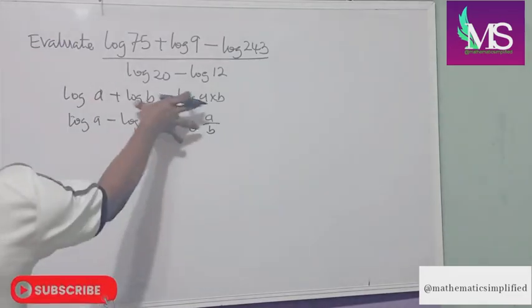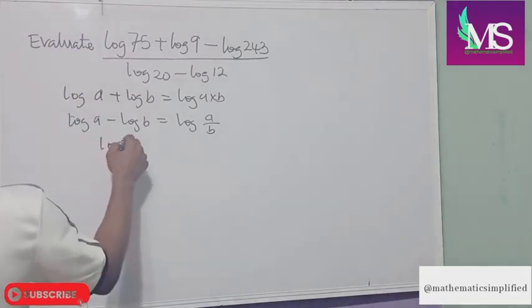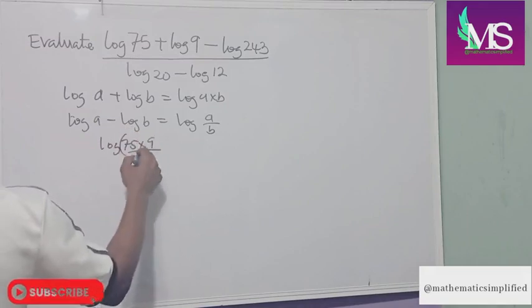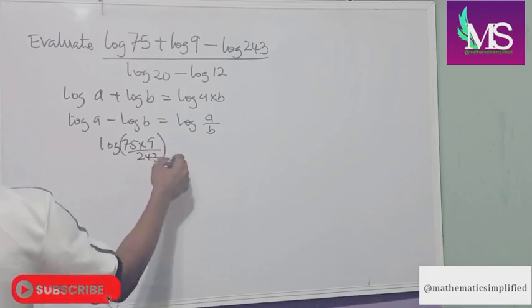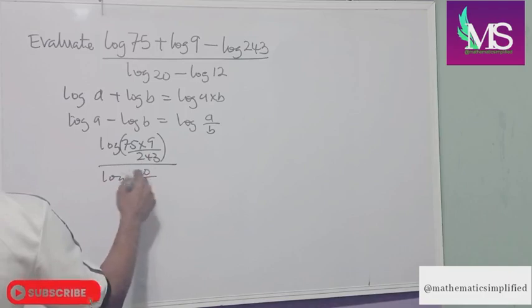Now applying these two laws of logarithm here, this will become log (75 times 9 divided by 243) all over log (20 divided by 12).